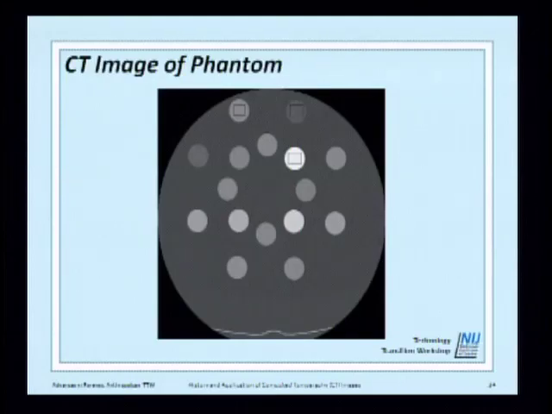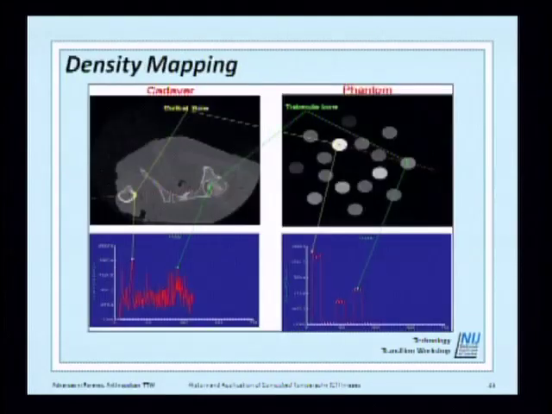Now, our initial experiment was to look at a cadaver. Here's a cadaver, and you can see the red line going across it. This is a profile. The lower curve on the left shows you the intensity profile. And with the same scan, we did the Phantom on the right.